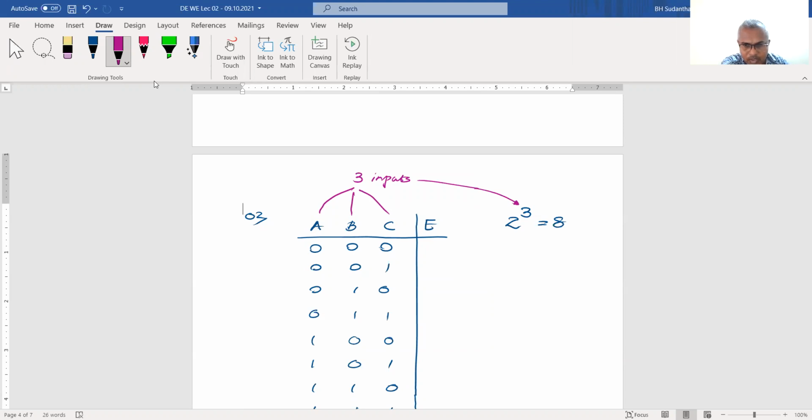Then 2 to the power 3, 8 different combinations. If you have 4, then 2 to the power 4, 16 different combinations.